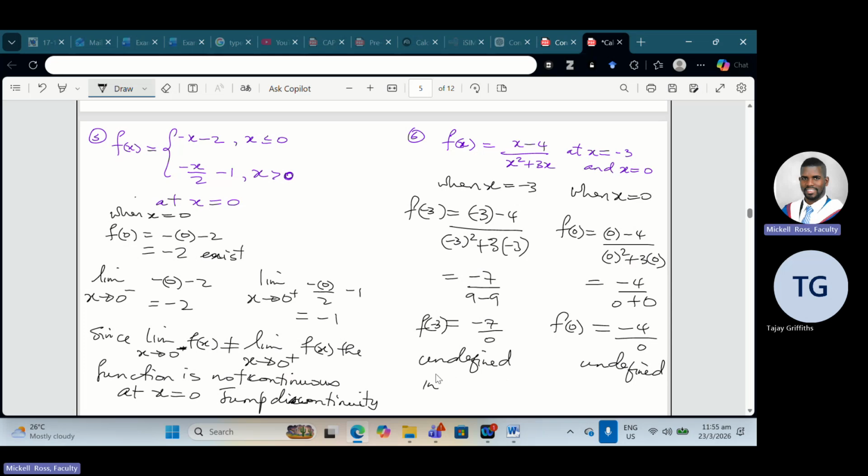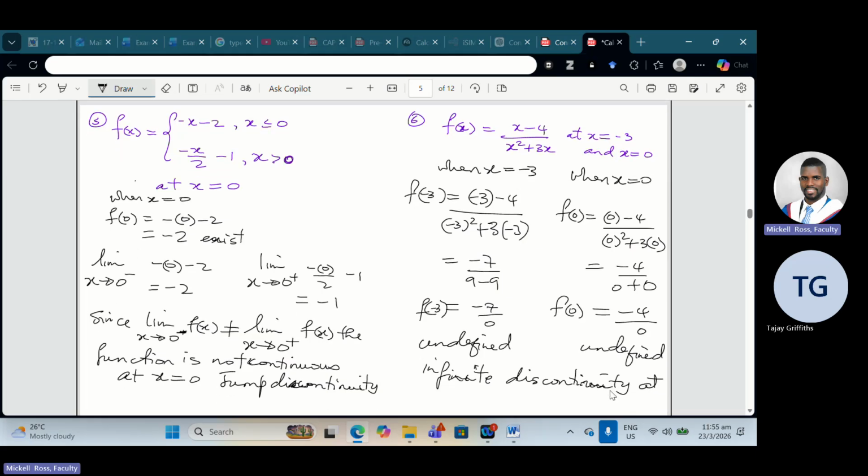So this is an infinite discontinuity at x equals 0 and x equal -3. So there's no way to do a removable. So there's no removable discontinuity for this one.